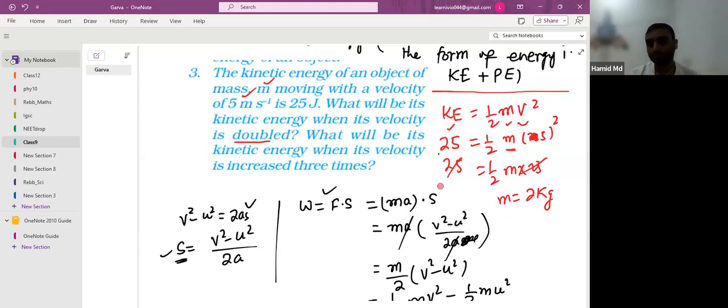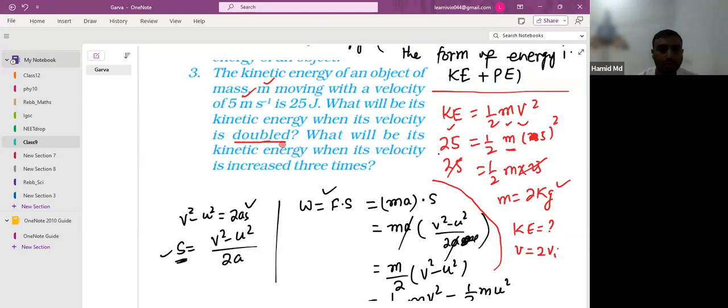Now what will be its kinetic energy when its velocity is doubled? So the second part is to find the kinetic energy if the velocity is 2 times the initial velocity, that is, 2v initial, right? For kinetic energy, we need mass and velocity. From here we got the mass, and from this data we got the velocity.